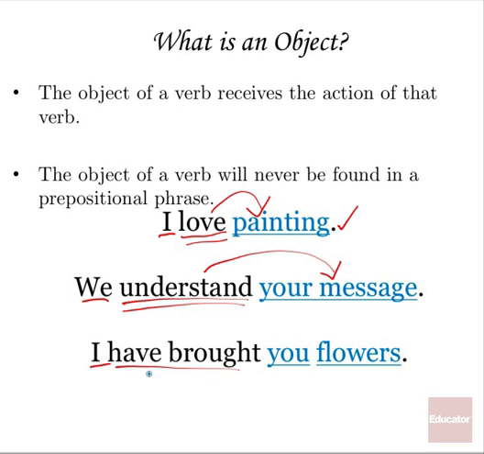I have brought you flowers. I is the subject, have brought is the verb, and in this case we have both a direct and an indirect object. It's the flowers that are the direct object. They receive the brought. And you is what's called an indirect object, which is receiving the flowers.